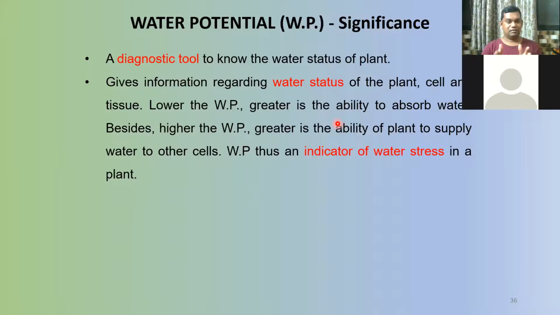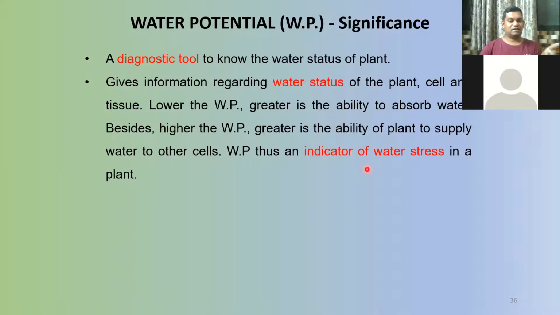Normal amount means a little more or less is fine, but if it becomes too much on the lower side or too much on the higher side, both are stress causing. Plants need light, but too much is a problem, and too little is also a problem. Then it's a stress. Correct.